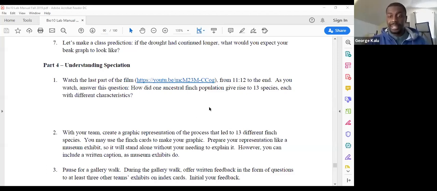And that's how we ended up with 13 different species, to the point where if you took those new species and brought them back with the original mainland species, they no longer interbred with each other because they were just so different from that original mainland species. So that's typically how we classify different organisms as different species: their ability to interbreed with one another.